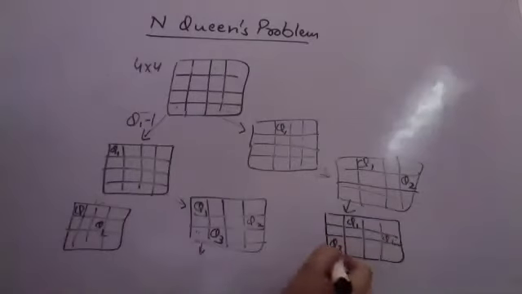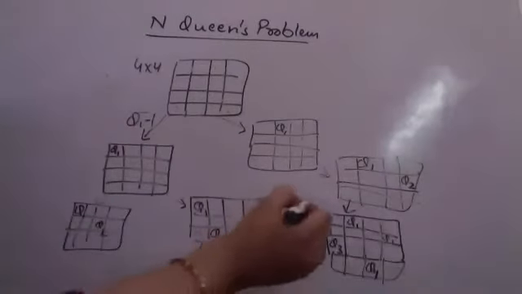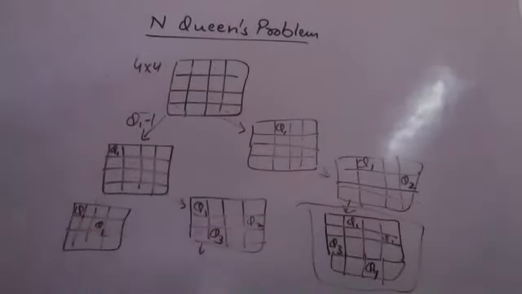Since I'm short of space, I'm not drawing another chessboard here. But if I place Q4 here, then this is one feasible solution to the 4 queens problem, and we have found this solution using backtracking.